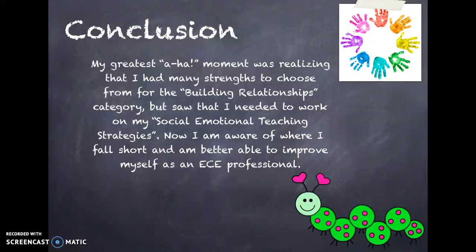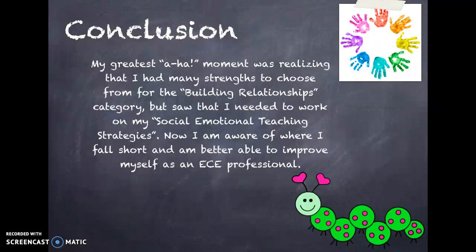So in conclusion, my greatest aha moment was realizing, whoa, I don't have too many strengths in the social emotional teaching strategies section, and I need to start working on this. I feel like I'm pretty good at building relationships with the kids because I love them and I care about them and I want to show unconditional love to the kids.